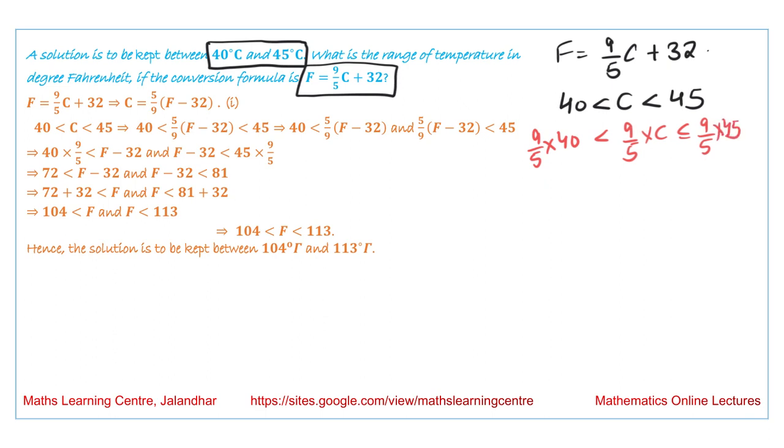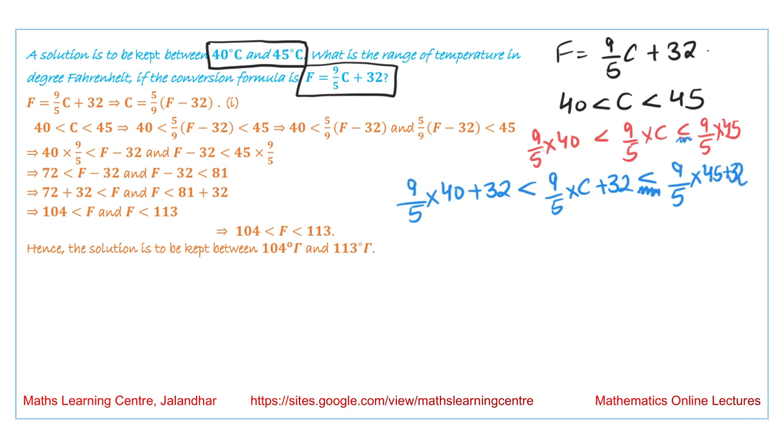Now if we add 32 to this, we obtain 9 by 5 into 40 plus 32 is less than 9 by 5 into C plus 32 is less than or equal to, the equality sign is not there, it is less than 9 by 5 into 45 plus 32. Now look at the middle value, 9 by 5 C plus 32, this is the value of F we have.